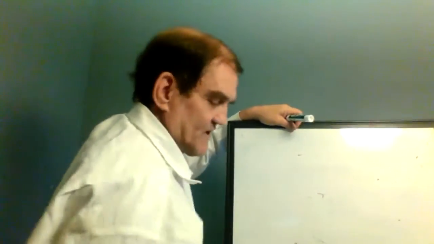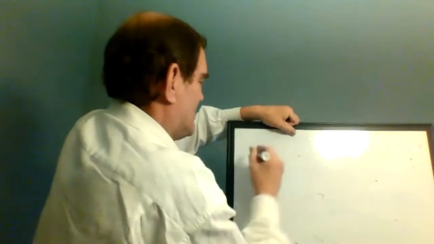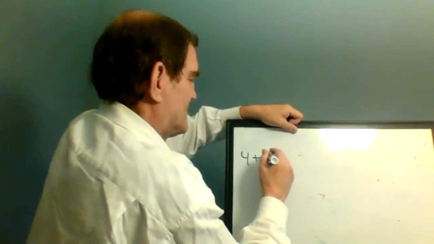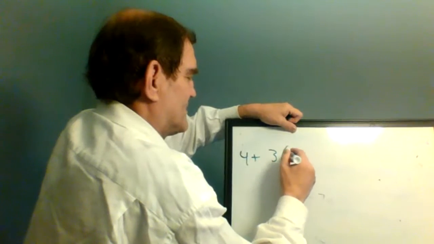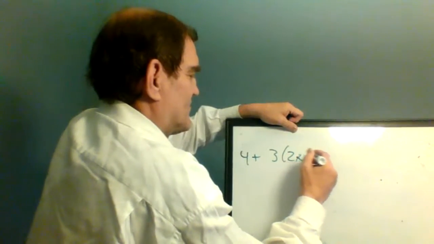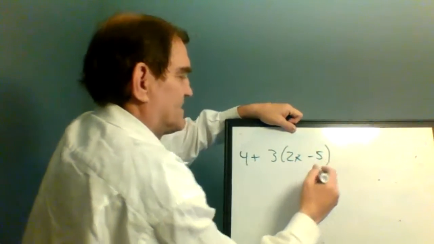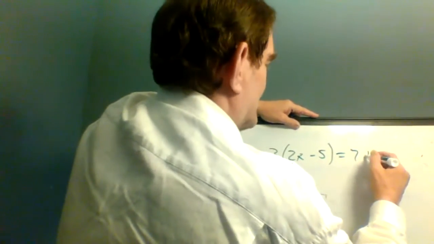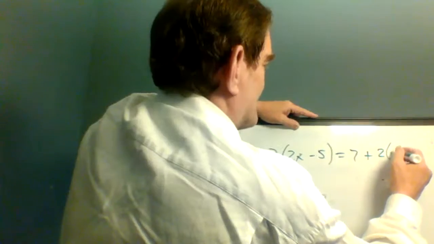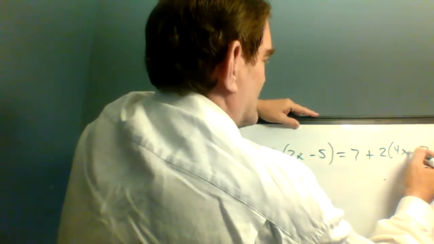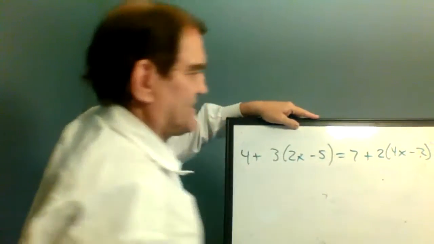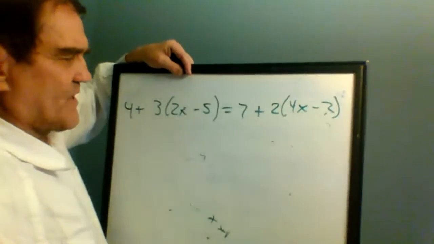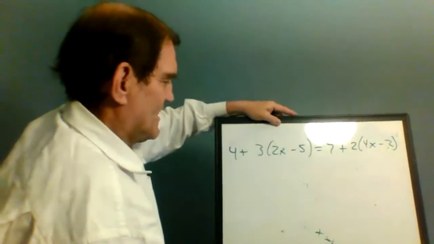So what you do is you've got 4 plus 3 times 2x minus 5 is equal to 7 plus 2 times 4x minus 2. Okay? You're trying to make the equal sign there. That's your problem. What do you do? Well, you want to multiply.